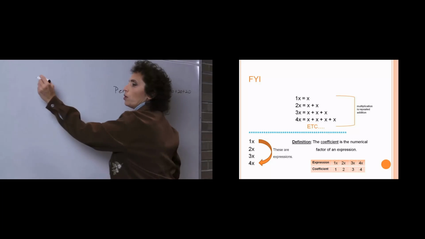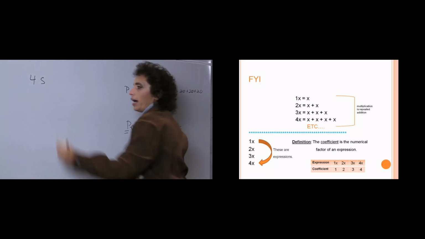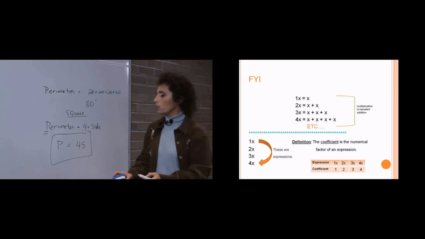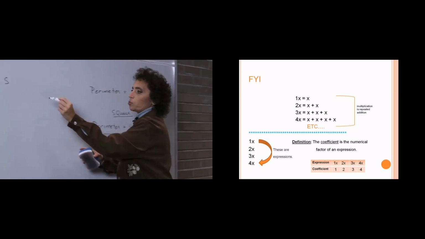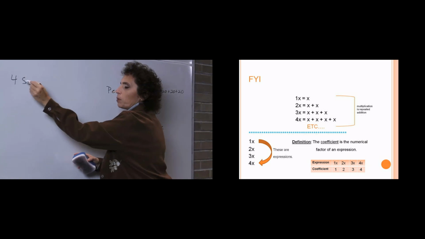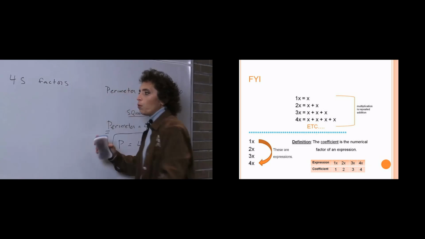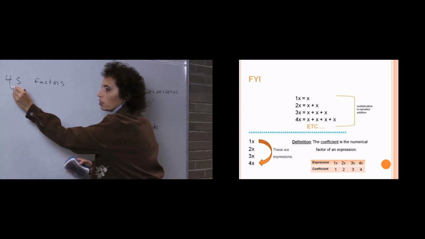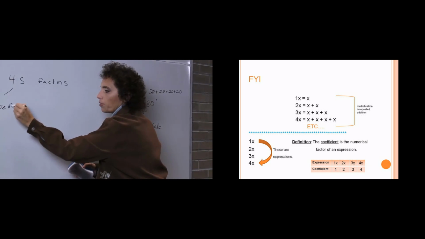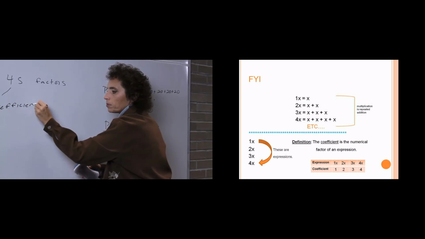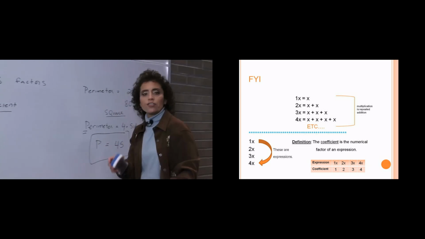Okay, so if we have 4S, I want you to notice the little parts of this expression. Remember that these are attached by multiplication, so these are both factors. But more importantly, this 4 factor is called the coefficient. Coefficient is the number factor.